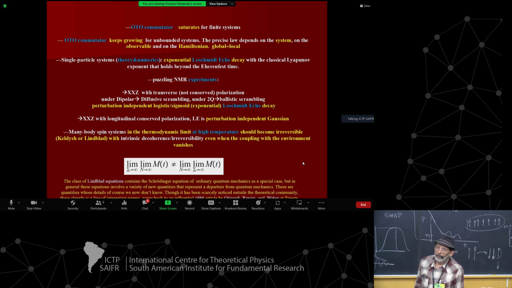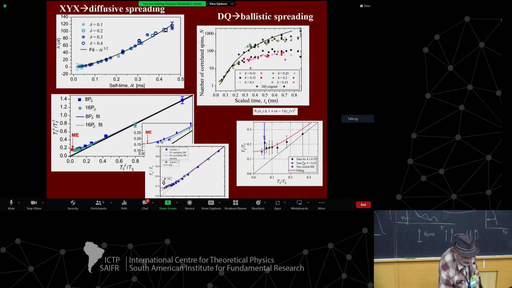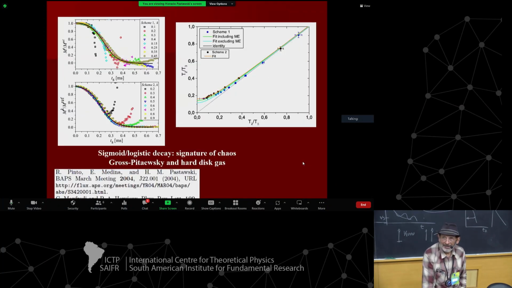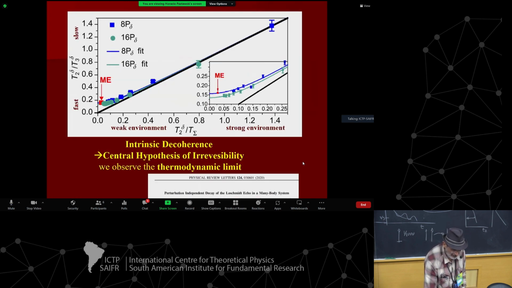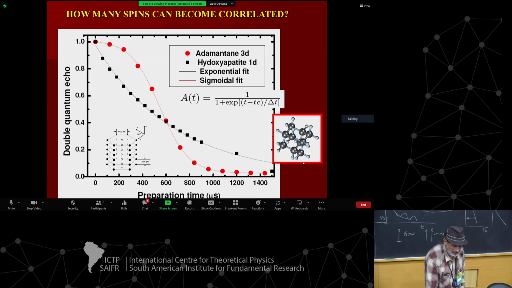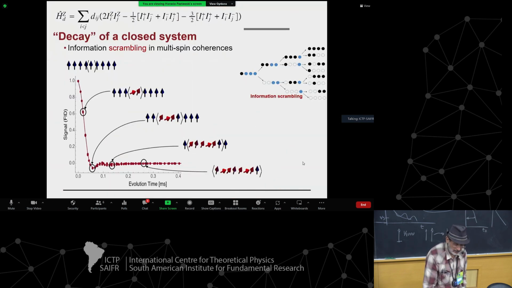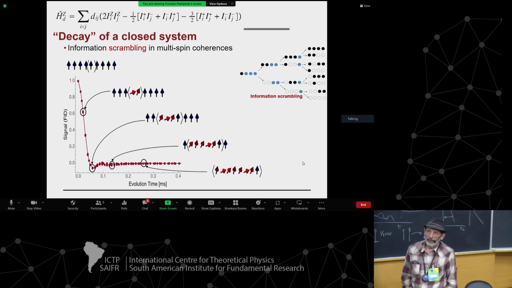Can you go back in your slide? Why is the signal negative?